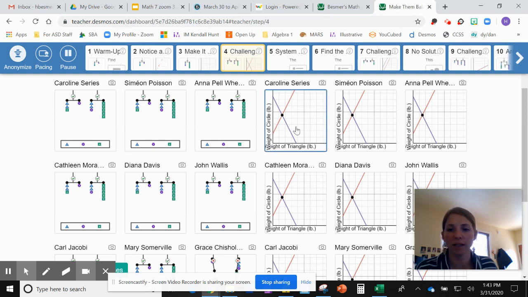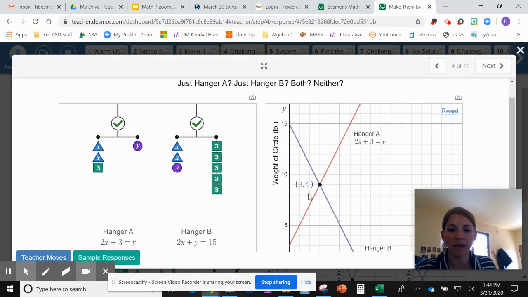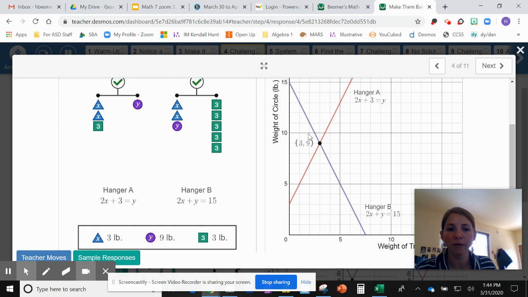A lot of you articulated it nicely in the last slide: we're looking for the intersection point on a graph, or the point at which both of these hangers balance using the same values for X and Y. In terms of the equations, it's when you can plug in values for X and Y and they're true in both equations.